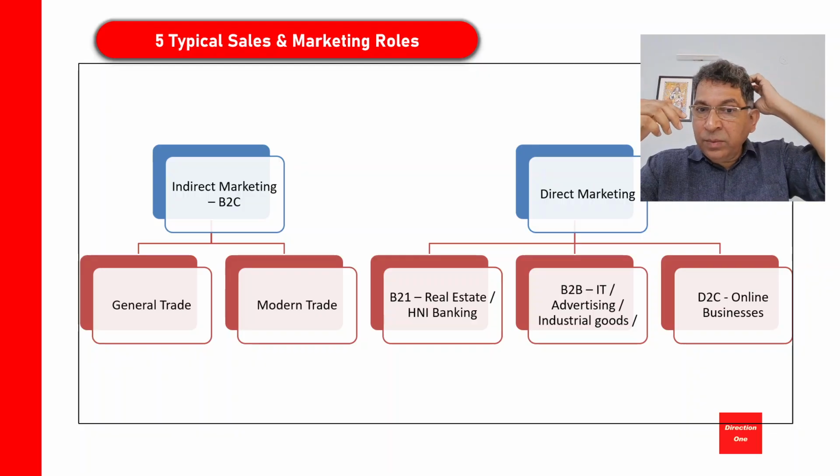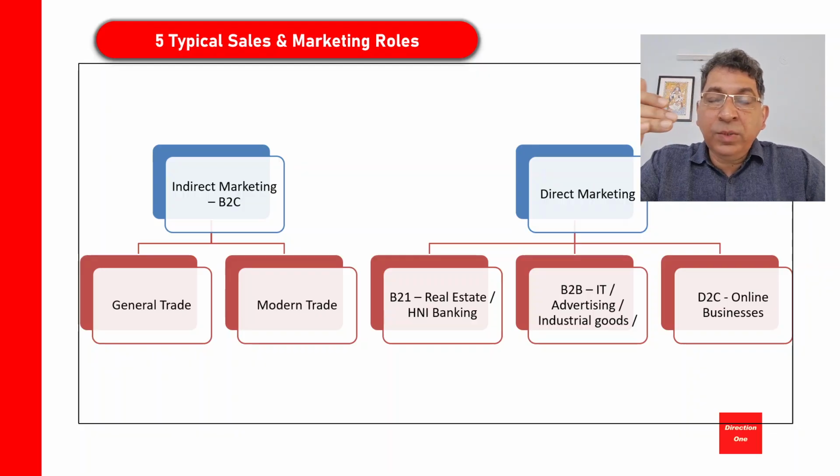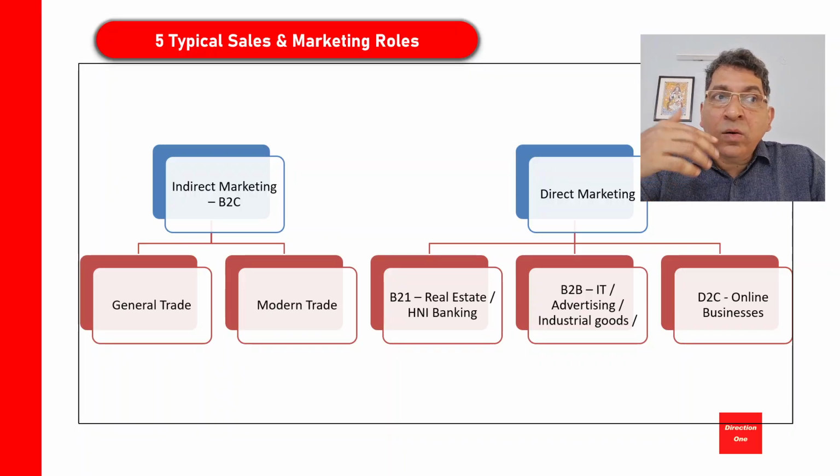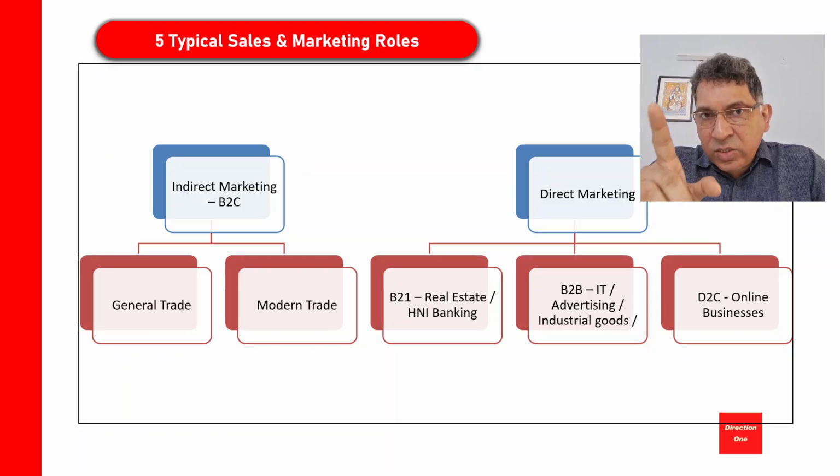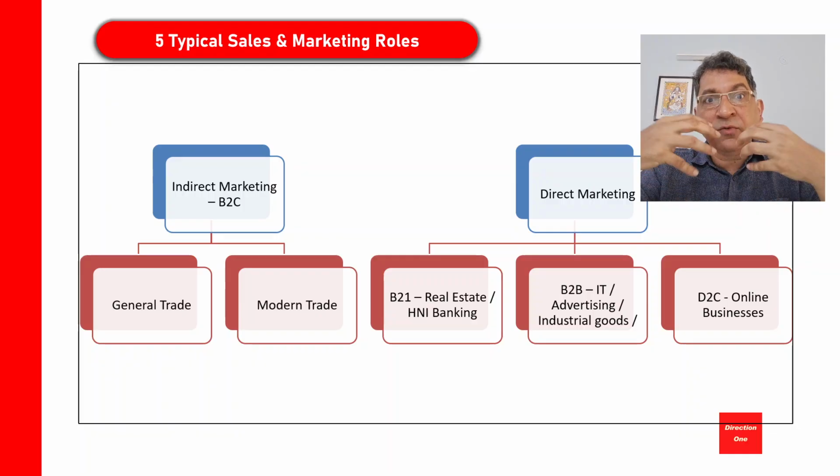So real estate, high net worth, let's say private banking in ICICI, or wealth management in Citibank. These are all roles of B2C. This is called B2C. I am selling not through an intermediary. I am selling directly to the end consumer, and the end consumer is buying the product for himself.